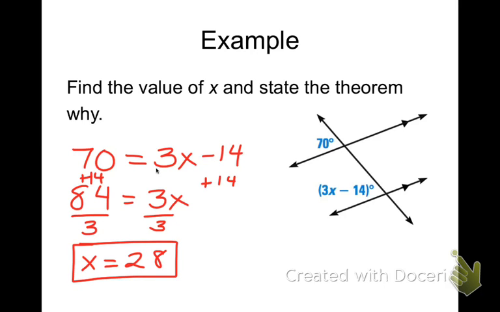So now we need to justify it by one of those 4 if-then statements that we wrote on the front of our notes. We're going to have if parallel lines, then corresponding angles. Good. Corresponding angles are congruent. Would work.